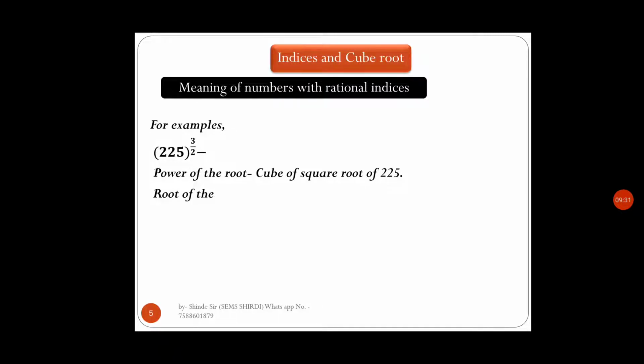And the second way, root of the power. Which is the root? The denominator, which is 2, meaning square root of the cube of 225. Again I repeat, there are two meanings here: power of root, and root of power.